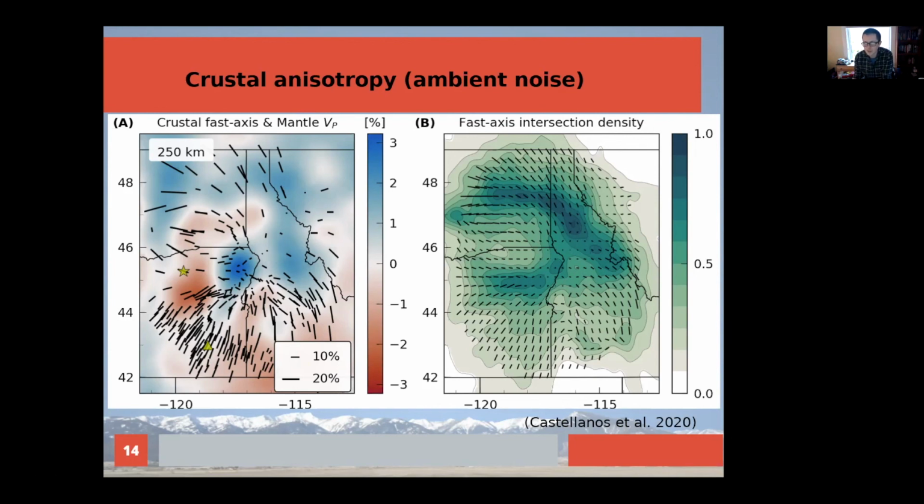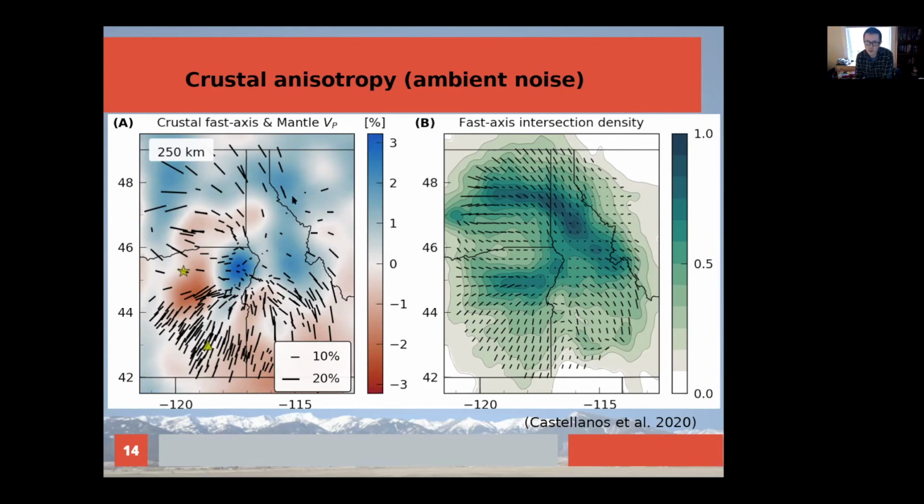And actually, if you project all these little lines out to infinity, but make them decay as they move away from their station spot, and just count the crossing locations, you produce a density of line crossings that looks impressively similar to the density structure, or the seismic velocity structure, at 250 kilometers depth.